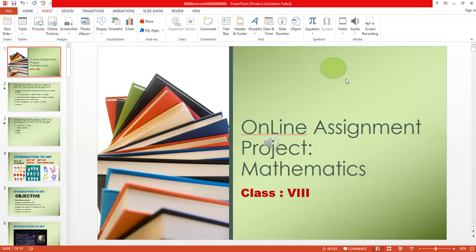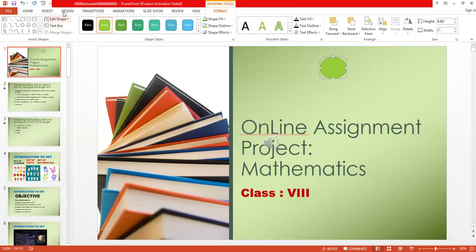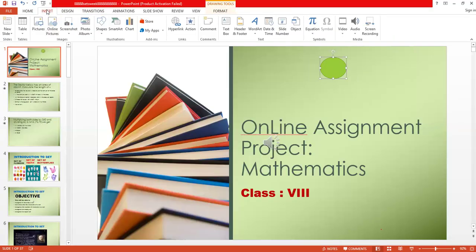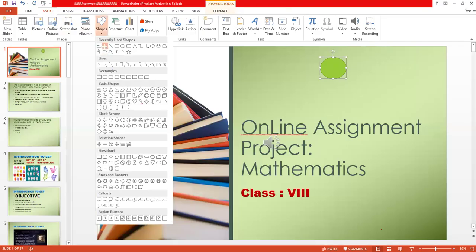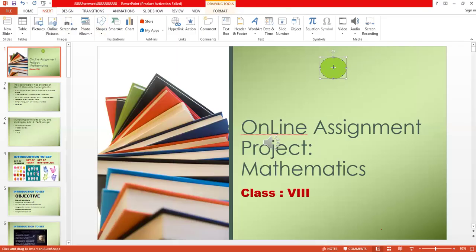So this one is the circle, okay? So this is a line which passes through the center and touches its circumference.